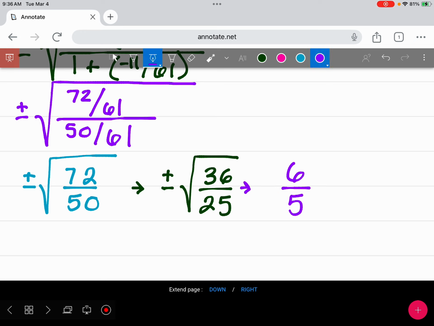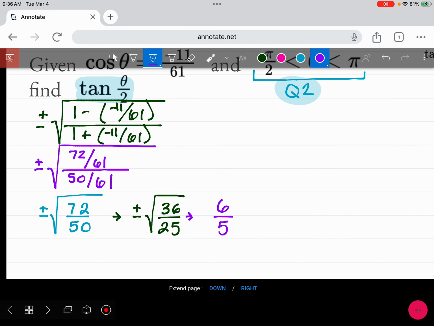Is it negative because it's cosine and the quadrant? Wait, what did we find? We found tangent in quadrant 2, which is going to be negative.